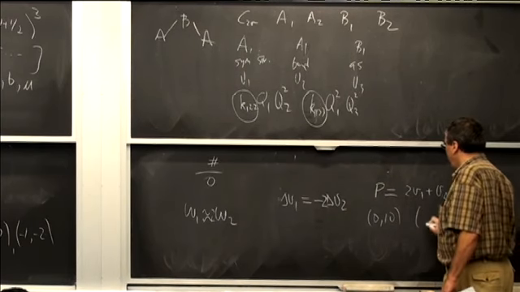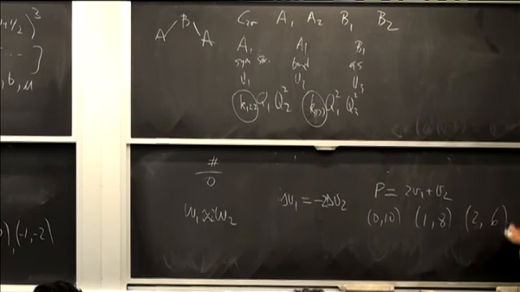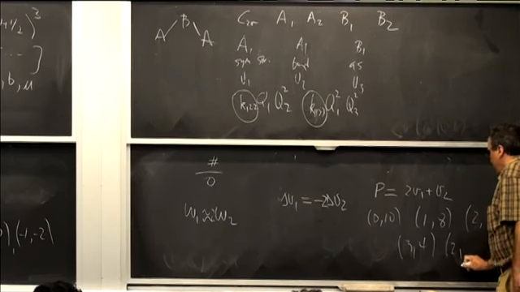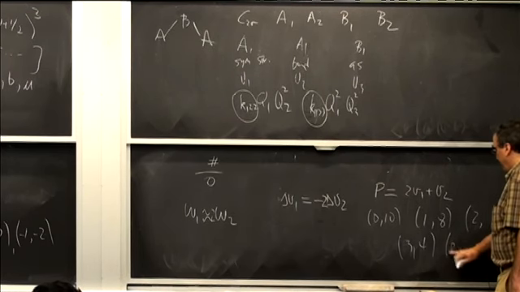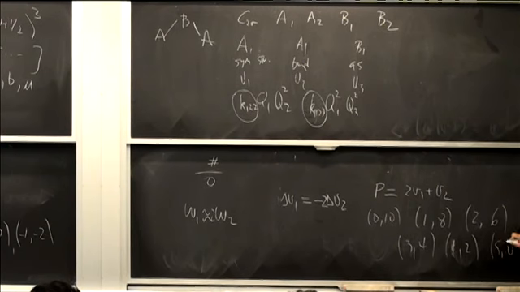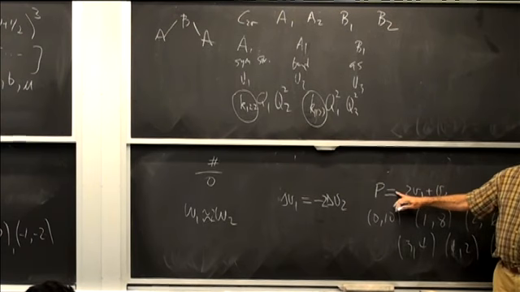I can get that with 1, 8. I can get 2, 6, 3, 4, 4, 2, and 5, 0. 1, 2, 3, 4, 5, 6. So there's 6 zero order states in this polyad with p equals 10.